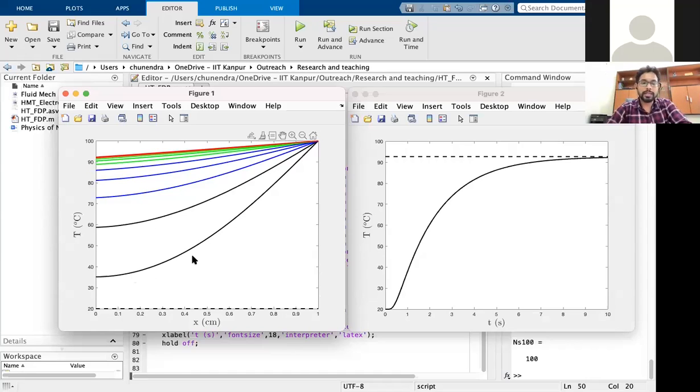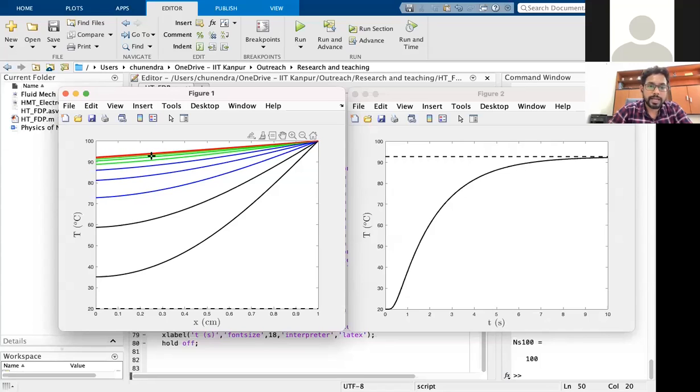What you see in these different curves is that they are increasing in time at different time steps. In early time, the left boundary, so T1, has reached 36 degrees Celsius. Others are greater than that, but slowly it becomes 100 at the right boundary. Later in time, we have run the code for 10 seconds, you remember.